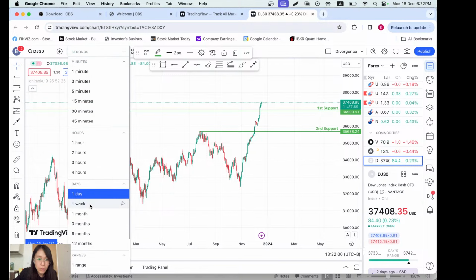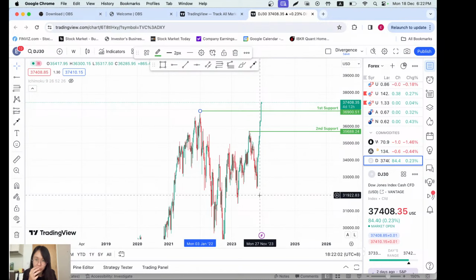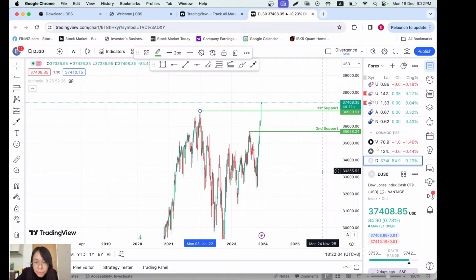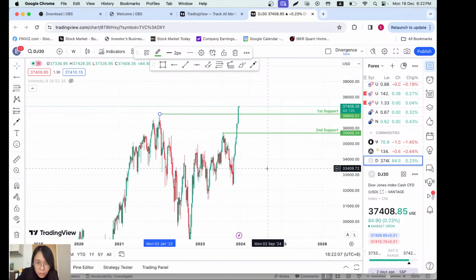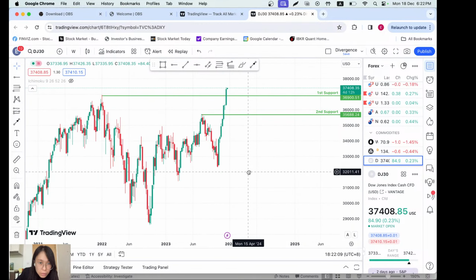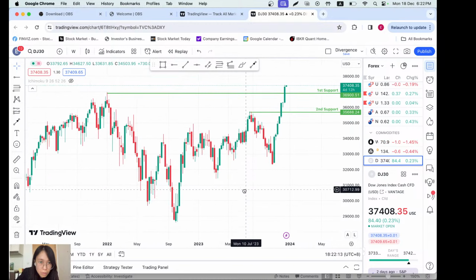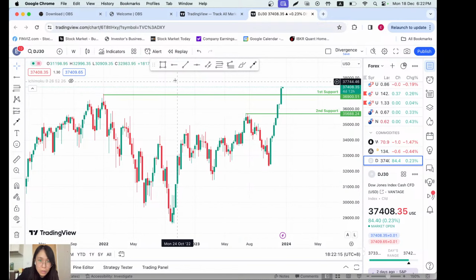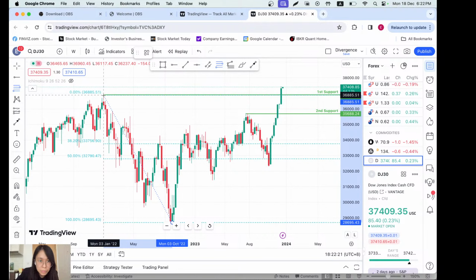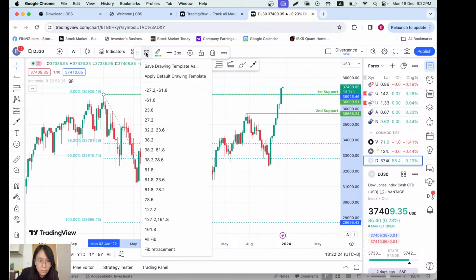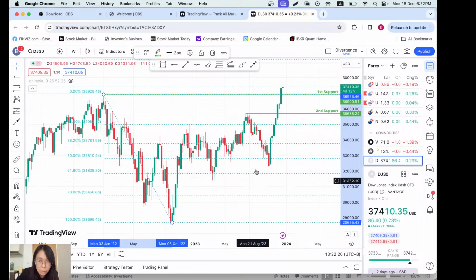Let me toggle to the weekly chart to find any expansion or extension level. It's not really the best for Fibonacci retracement.